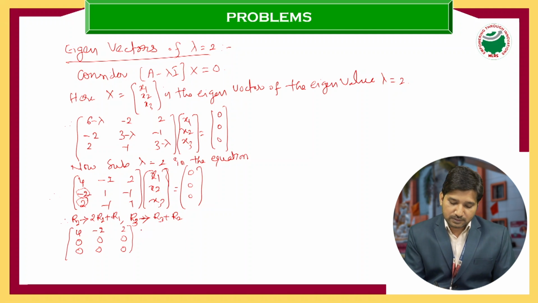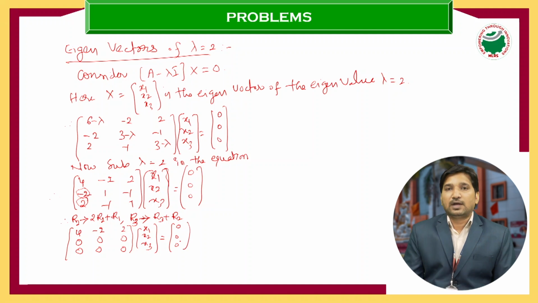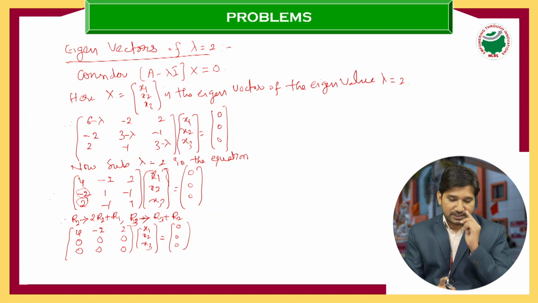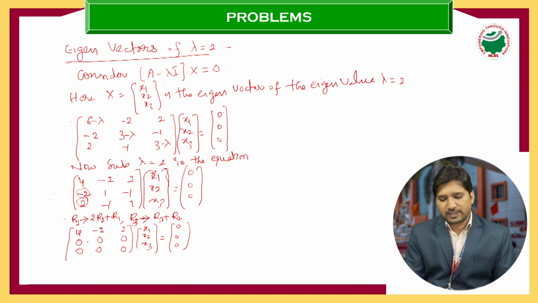Okay, so here x1 x2 x3 equals 0 0 0. In case the eigenvalues are repeated twice, definitely the second row and third row must be 0. So here only one row is there, that is 4, minus 2, 2. So the variables are 3, the equations are only 1.